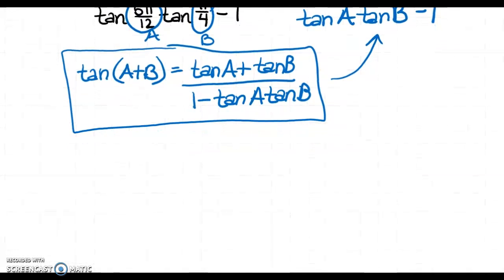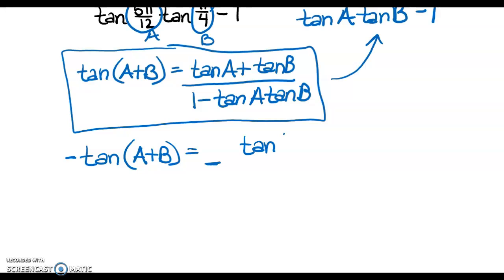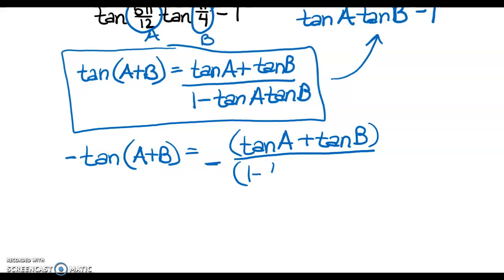What would happen if I took and multiplied both sides of this identity by a negative? Okay, I'm going to put that negative out in front of my fraction. And because I'm doing that, I'm going to put the numerator and denominator in parentheses because they are binomials.